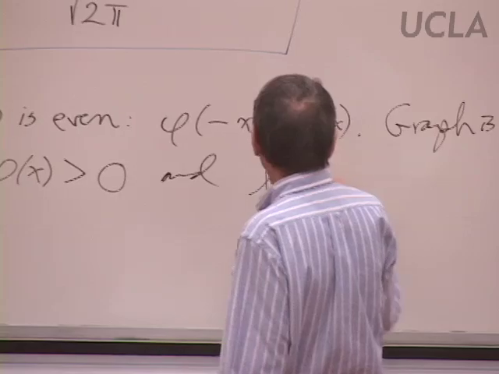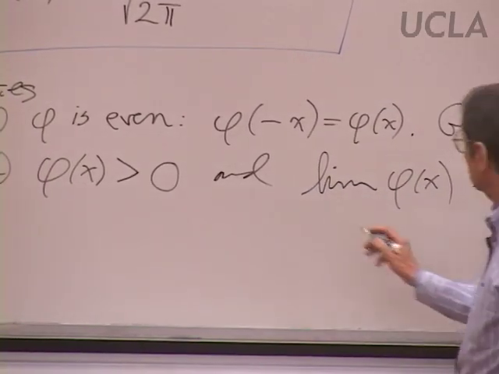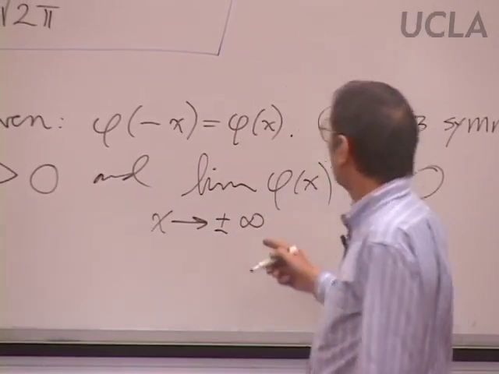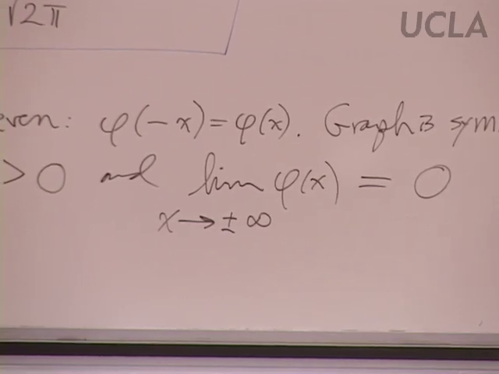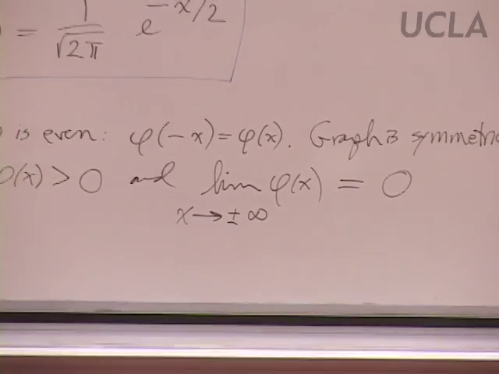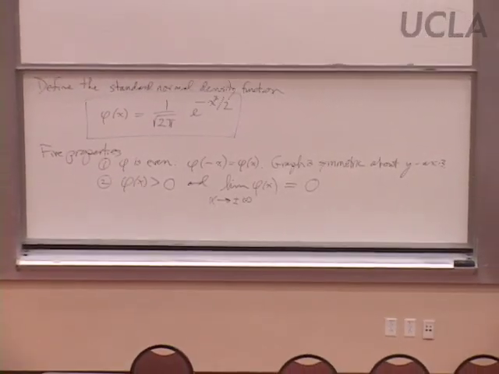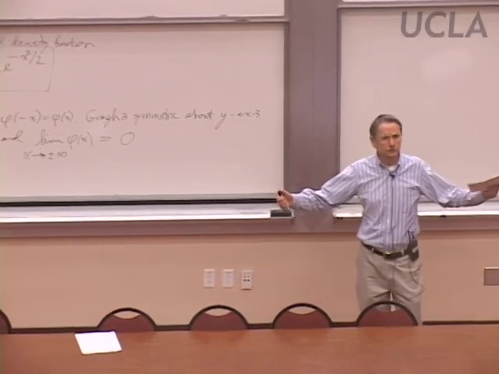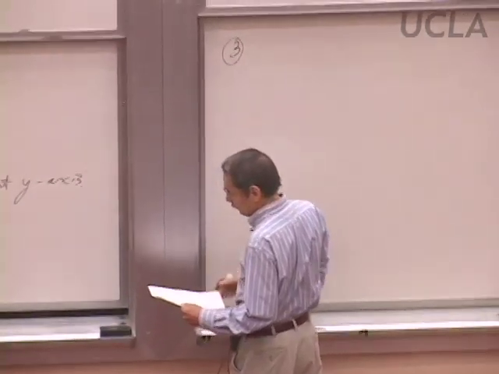So phi of x goes to 0, both at plus infinity and minus infinity. Well, so that tells us what the graph is going to look like at the far left and the far right. We'll also want to know where it's increasing and decreasing, concave up, down, the usual things to draw the graph from Math 3A.